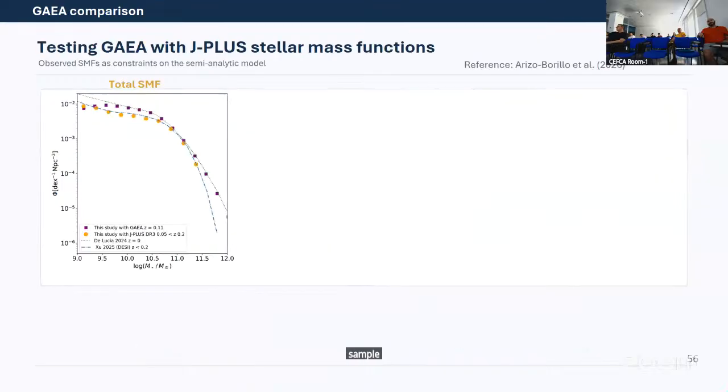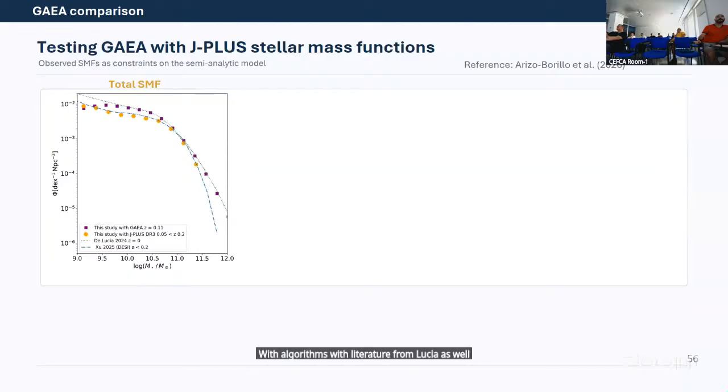And what we do now is to compare our observational results with this semi-analytical model of GAEA. And as we can see here, the total stellar mass function, our results with GAEA are very similar, are in proper squares, very similar with literature from the Lucia as well.